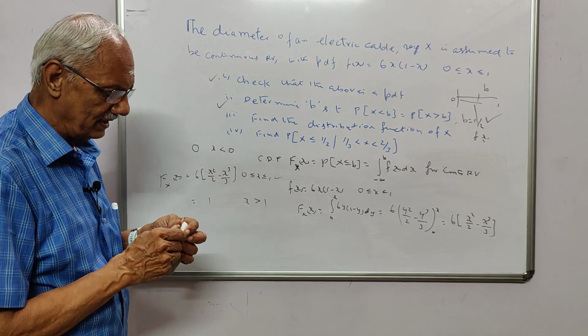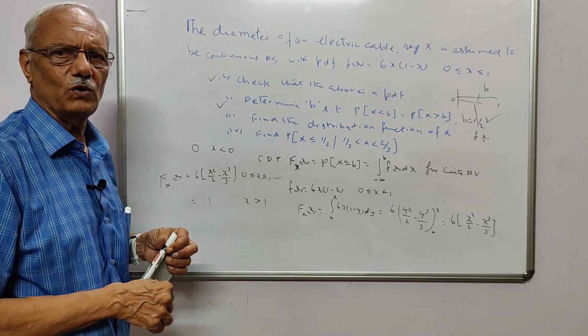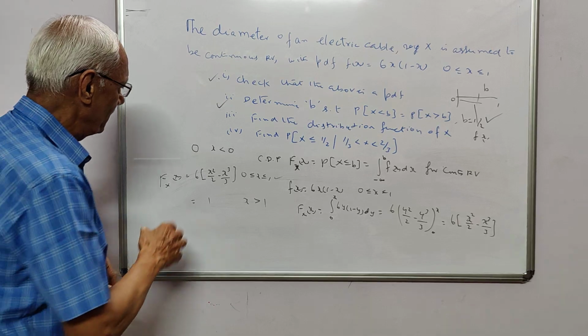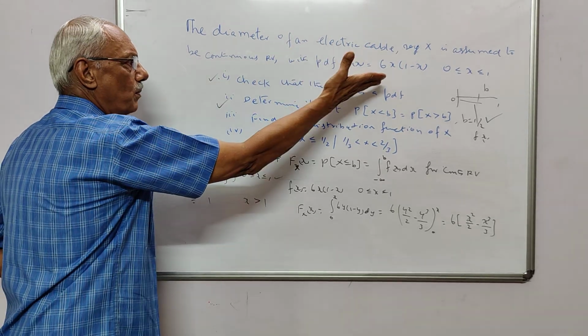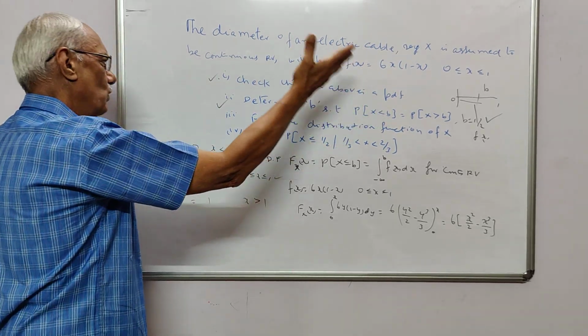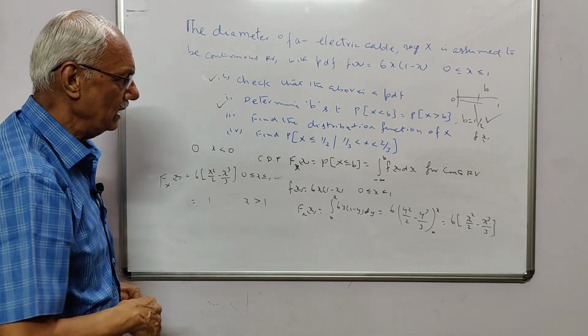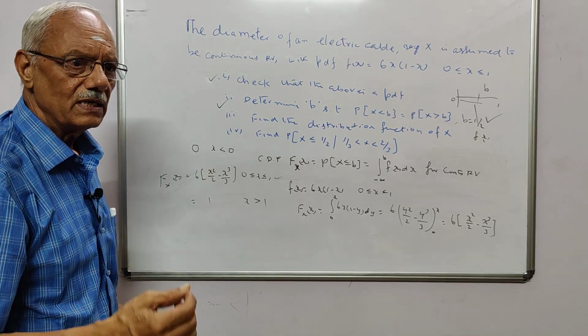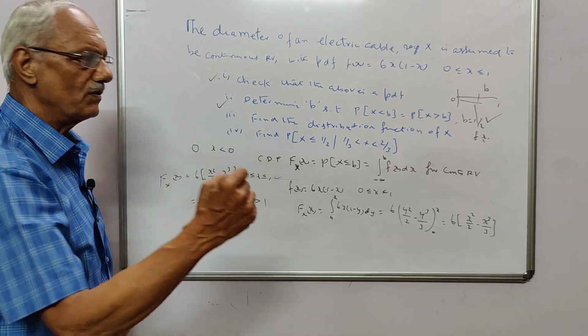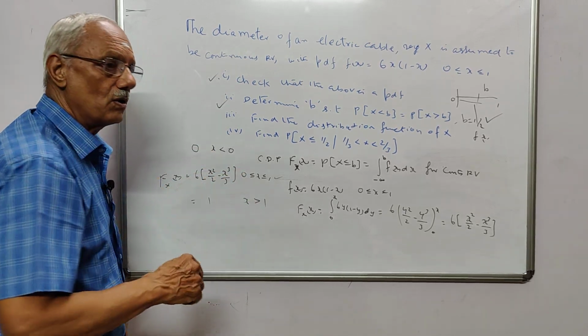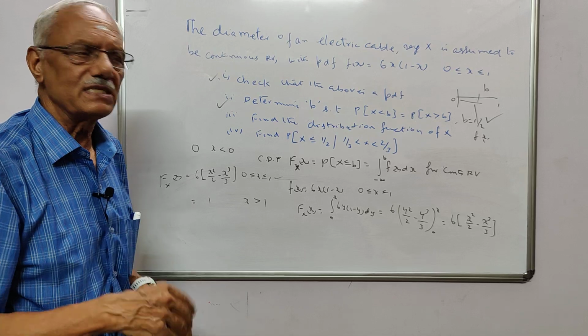Because I can ask it in that way also. Here you were given the probability density function and asked to get the cumulative distribution function. Now let me tell you that the cumulative distribution function is given to you like this. What is the probability density function?